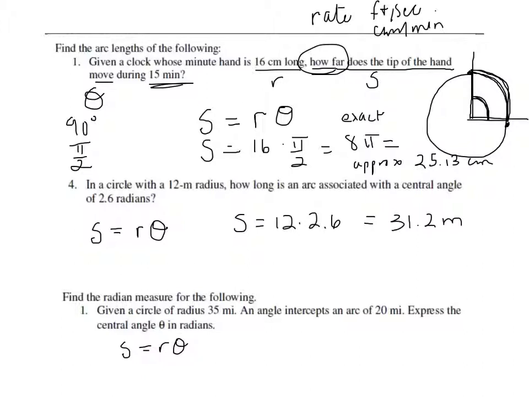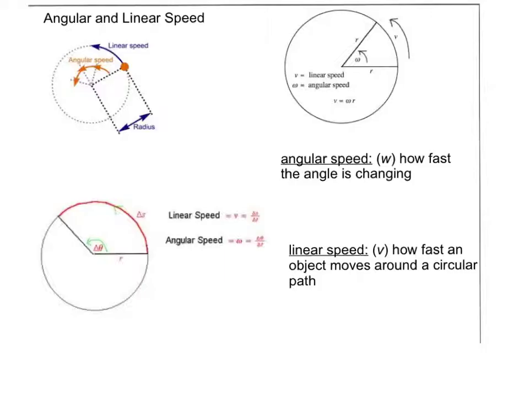The circle has a radius of 35. So it's looking for theta times 35 equals 20. And so I end up with approximately 0.57 radians. Okay, because I am looking at what is the length of that.